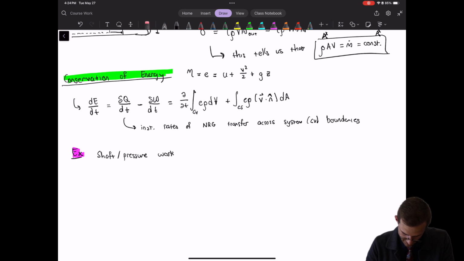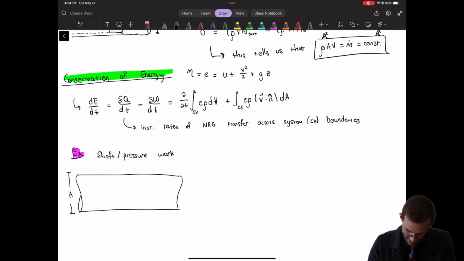Okay, so if we have another duct here with a cross-sectional area A, and we have our control volume in the center of this duct.